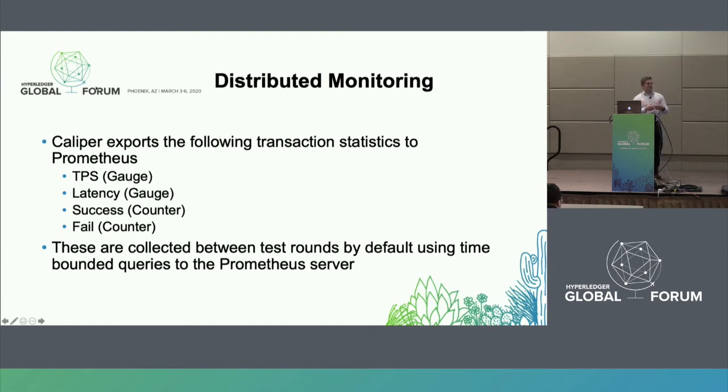And between each round, the worker orchestrator will issue time-bounded queries for the Caliper statistics. So these are what you get by default every time you run a test. But what we also let you do is run custom queries.